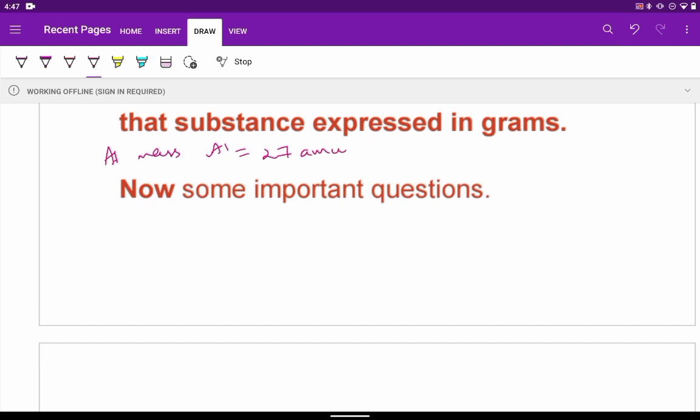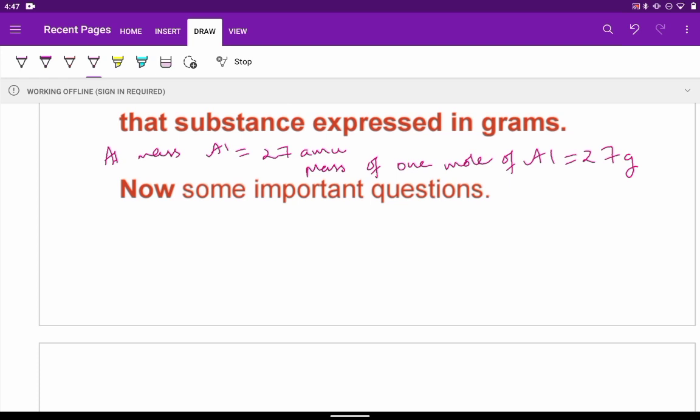Now we call it as U only, single U. Mass of 1 mole of aluminium is 27 grams. Now I hope it's clear to you, students. And also 1 mole of aluminium will contain 6.023 into 10 to the power 23 aluminium atoms.